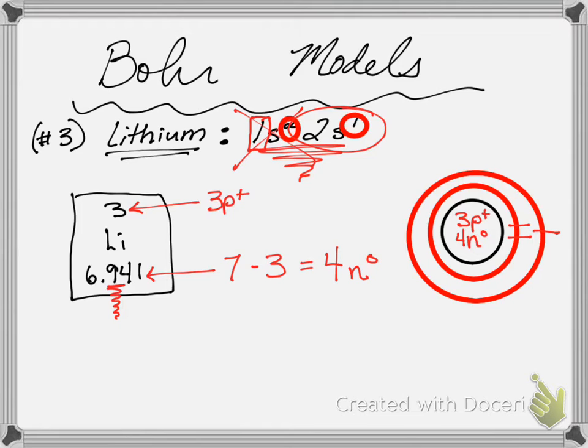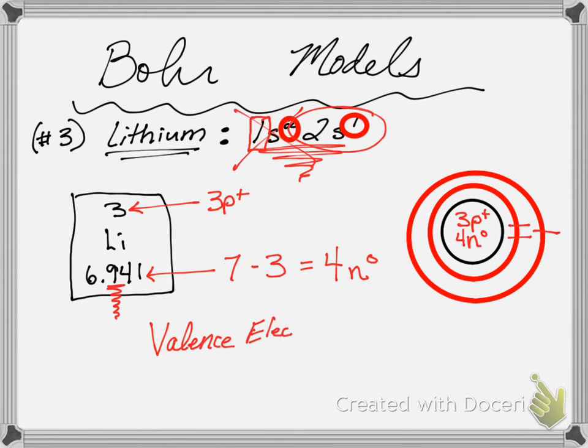We're done. Now, I did mention that the outermost electrons are the most important electrons in chemistry. They determine the reactivity of the element. Lithium, by the way, is highly reactive. So let me make sure that you get a vocabulary word in your notes. There's this special word called valence electrons.